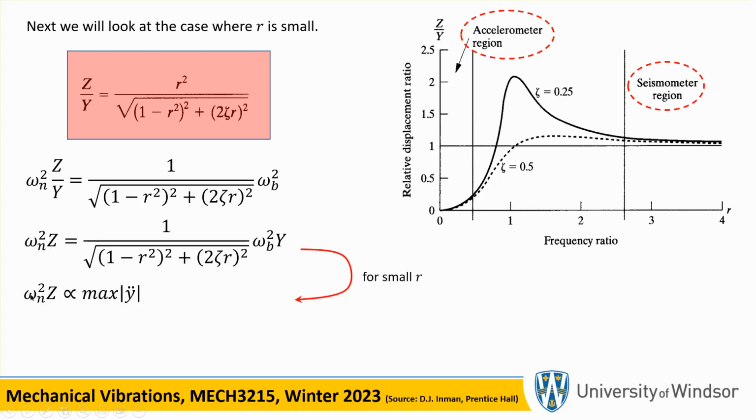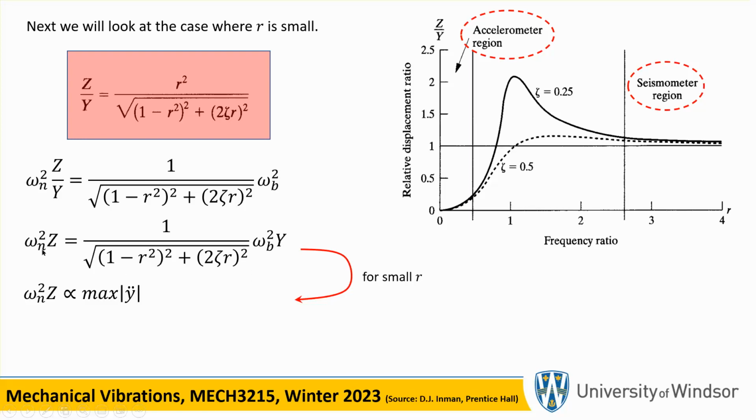So this thing is proportional to the maximum acceleration of the base, because the acceleration of the base is going to be omega b squared big Y times, of course, the second derivative of cosine, which is going to be another cosine, okay?